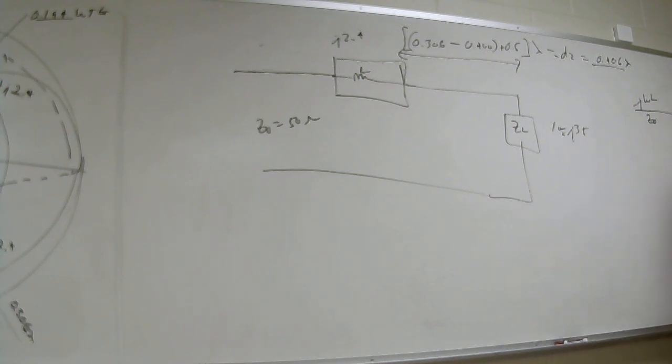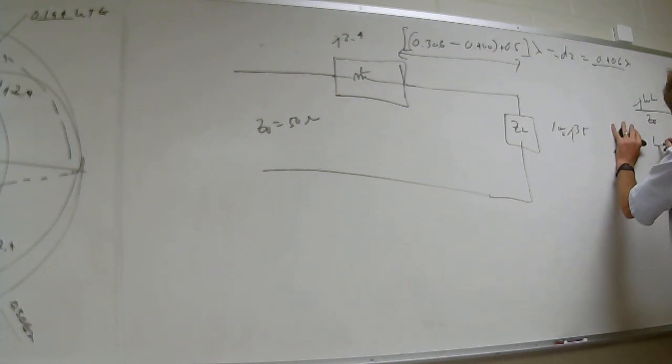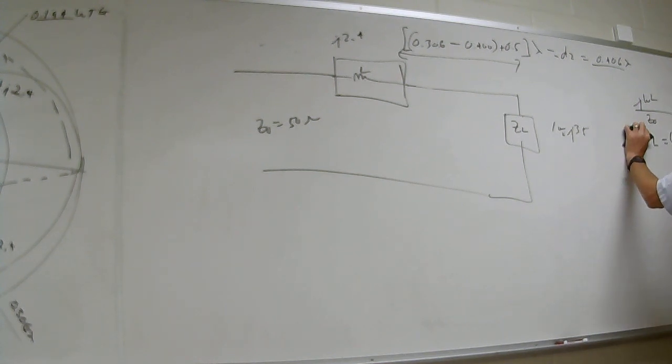Most of this you're going to see, and it'll be intuitive after a while, but until you do several of these problems, it's not that intuitive. You all with me? So L is going to be 2.4 times Z naught over omega, or 2 pi times 10 to the 9. What's that going to be? Z naught is 50.